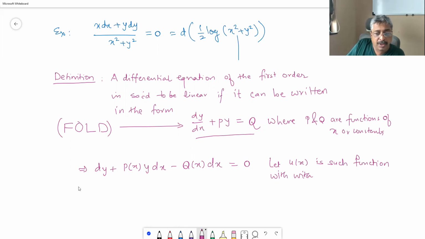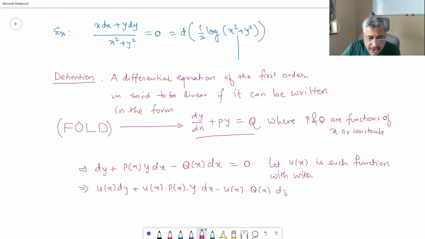So let us write down. Suppose we find a function u of x, and suppose we are successful, then we will say that u of x times dy plus u of x times p of x times y dx minus u of x times q of x times dx is equal to 0. Is that correct? Yes.